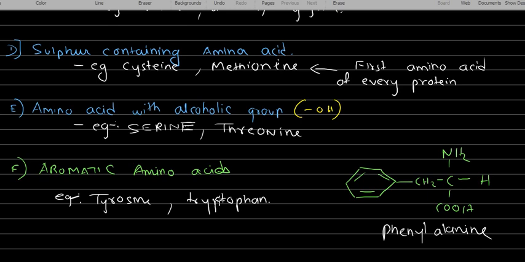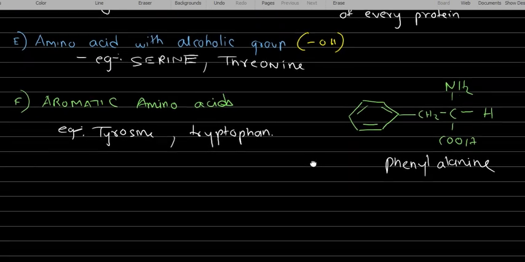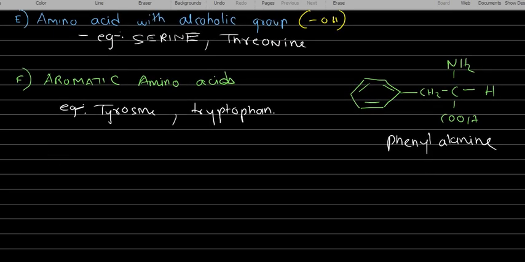So these were the amino acids that are usually present in your body. If you sum up everything, we have 20 amino acids. Now remember, when I say 20 amino acids, that doesn't mean there are no more amino acids. These 20 amino acids are responsible for making protein. You might find other amino acids like ornithine.